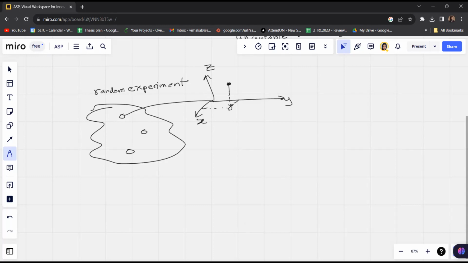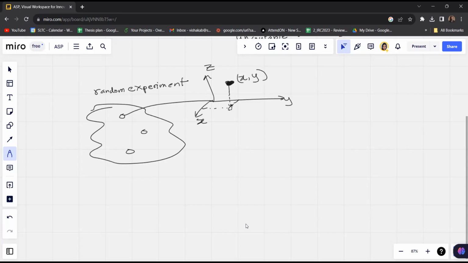So the outcome of the random experiment in this case will be a point in the space which is defined by both x and y. So x can take a certain value, y can take a certain value. Once those values are taken, the final output can be a value in the third dimension, which is denoted by both those x and y variables.